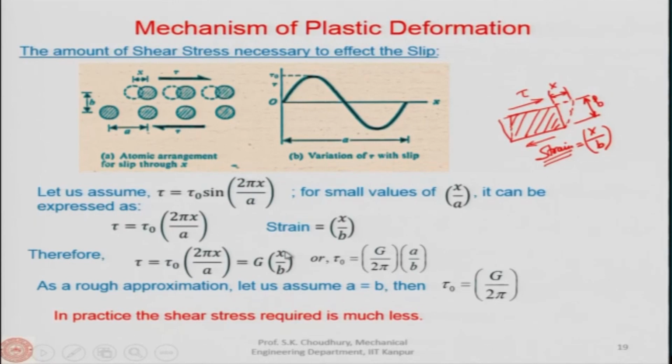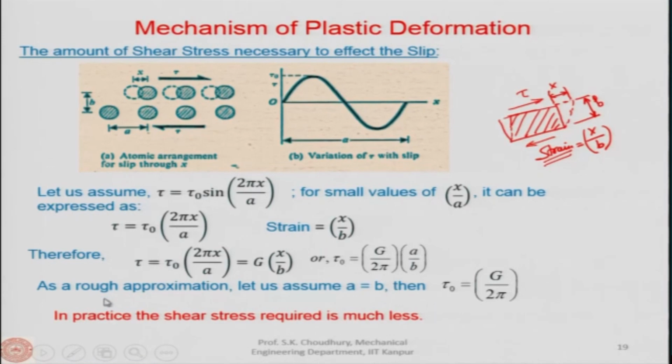So, this into x by b, the strain, is the stress. In that case we can find out that tau 0, if you take this to this side, is equal to G by 2 pi, and a by b, because x is getting cancelled, you can see this, G by 2 pi and a by b.